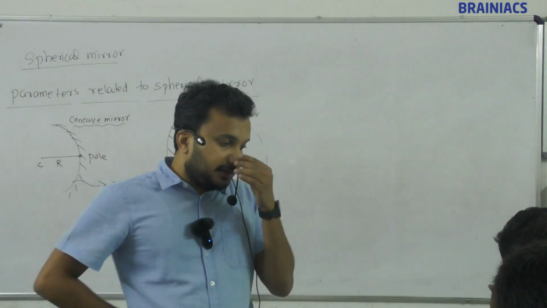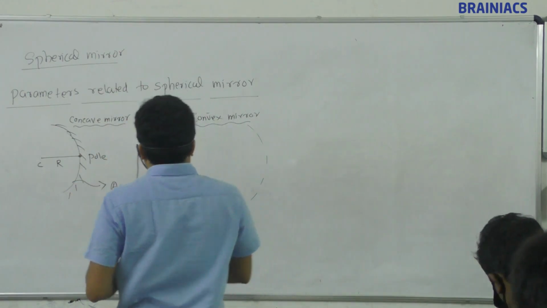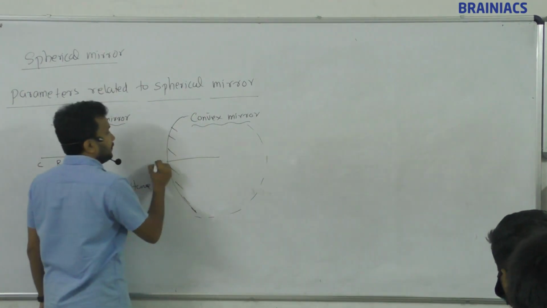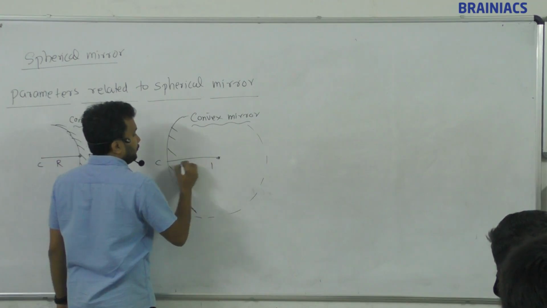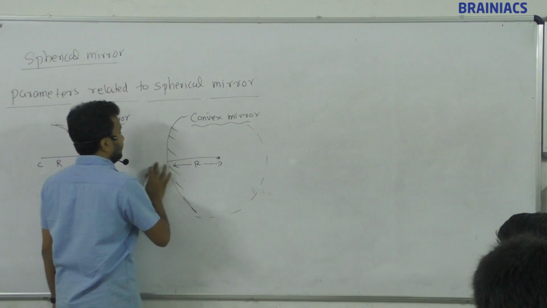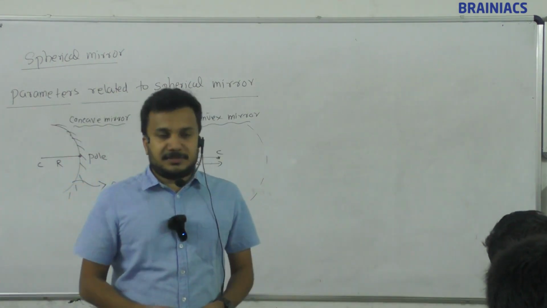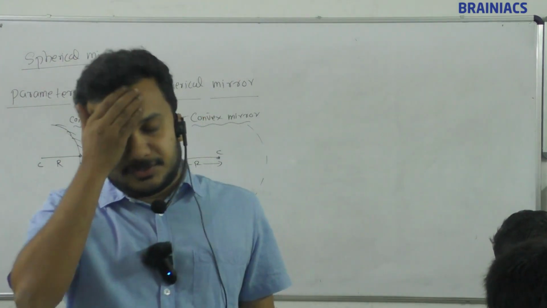Just to draw these two diagrams roughly. This is called center of curvature, this distance is called the radius of curvature, this is C, and this is called the pole. Pole, center of curvature, radius of curvature.